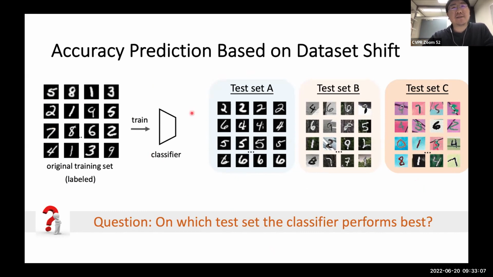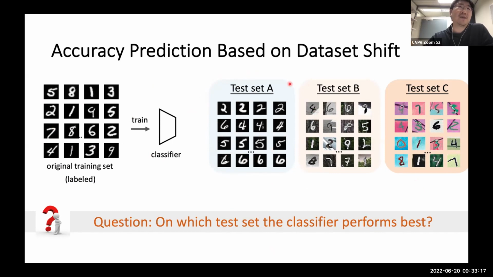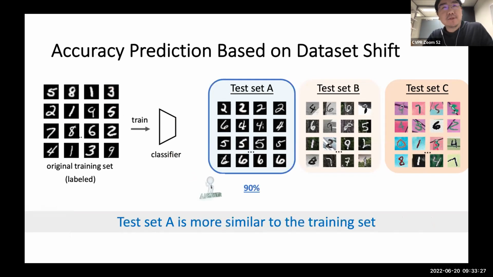The answer is quite obvious. Test set A is the set where our classifier performs the best, because it looks exactly the same as the training set. On test set A, our model will perform best.